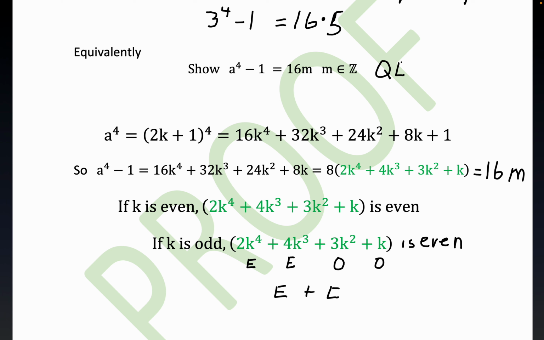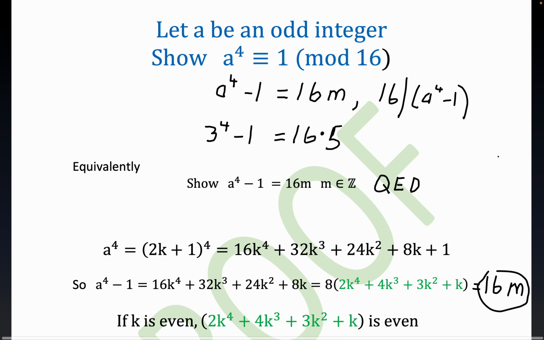Quantum, or thus we've demonstrated. Or maybe it stands for quite easily done, I'm not sure. But this is the clincher right here. And so we proved what we set out to prove, which was a to the fourth is congruent to 1 mod 16.